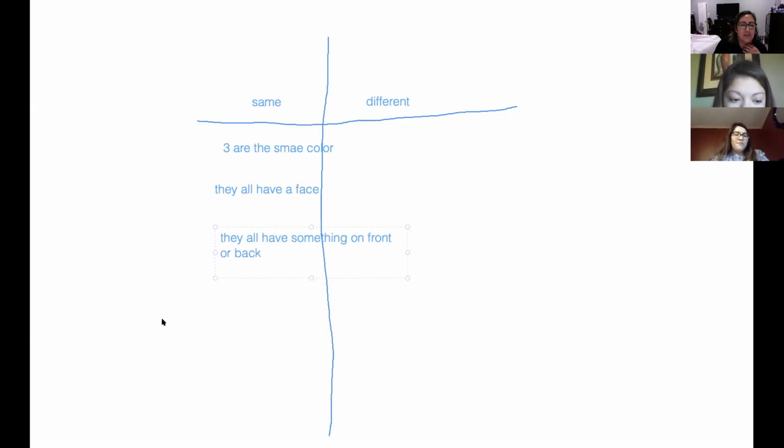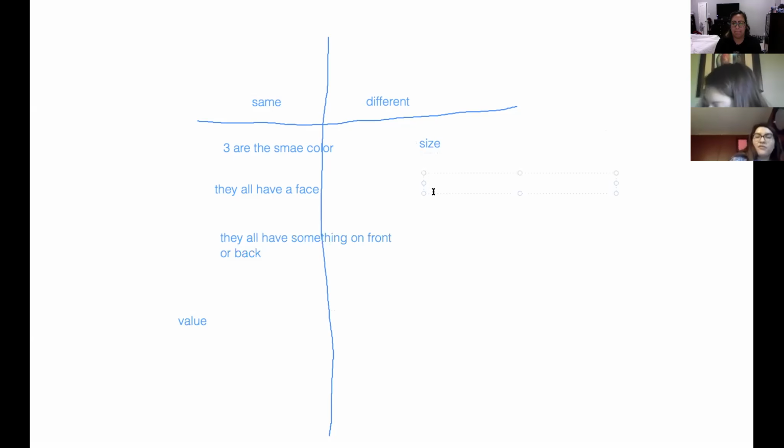One last thing that I'm looking for that they have the same. Is it that they're all coins? It is that they're all coins. It's that they all have value. Oh. Yeah, they all have value. Even though the values are different, they all have it. So now, what would you say is different? Size? It is the size. The size is different.